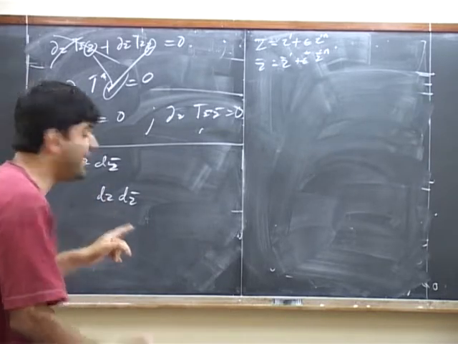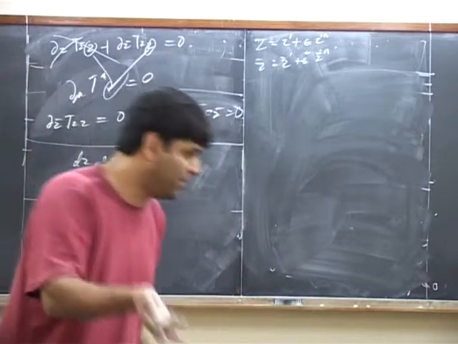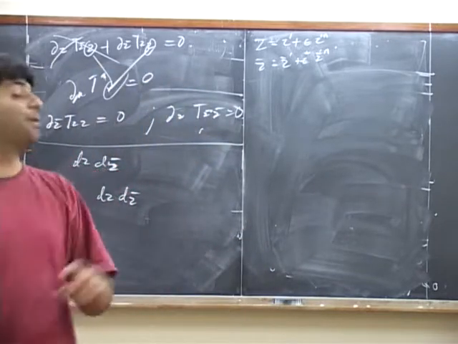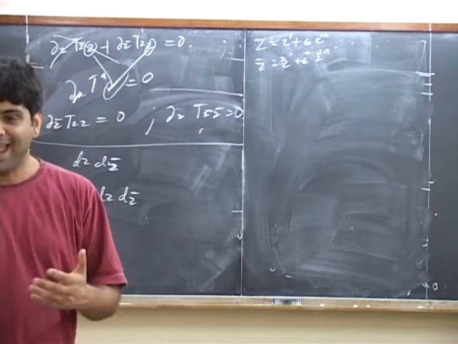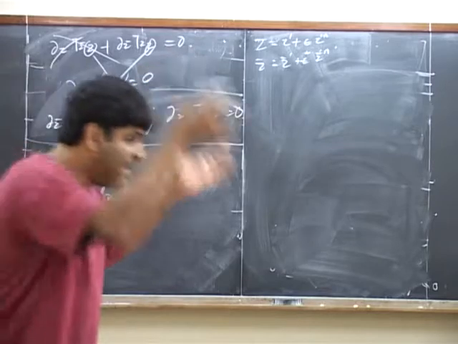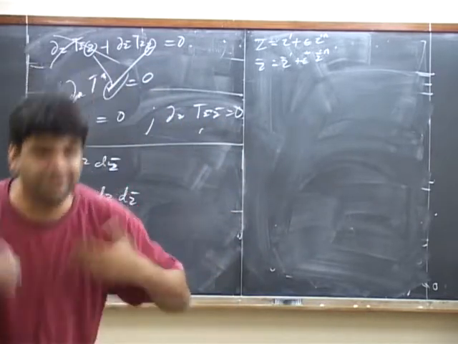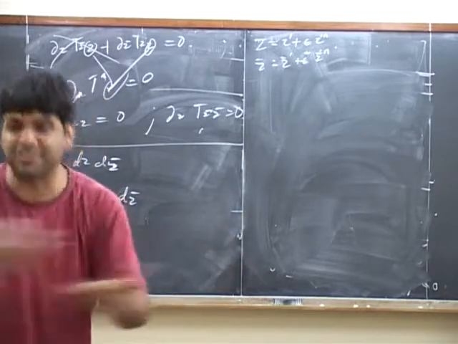Everything I do, I'm going to find the symmetry current for varying epsilon and the symmetry current for varying epsilon bar. What that really means is, I found the symmetry current for varying the real part of epsilon, which is the sum of these two, and the symmetry current for varying the imaginary part of epsilon, which is the difference of these two.